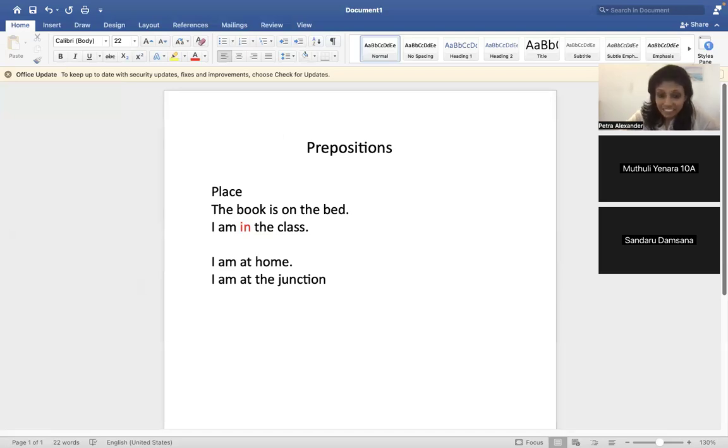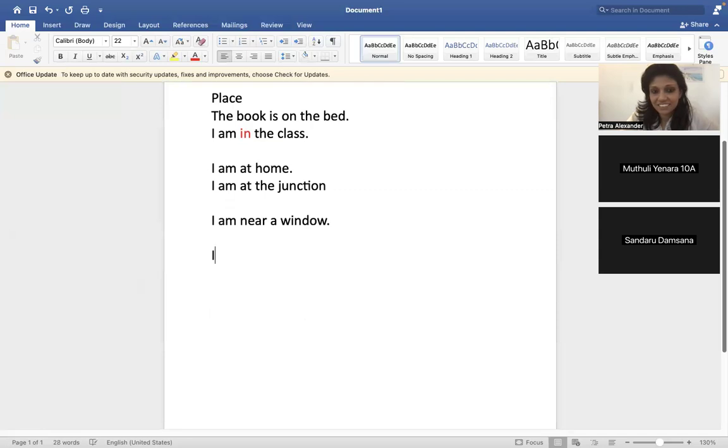Near, yes. I am near a window. What else? Between. Yes, the tree is between a shop and, let's say, a house, right?